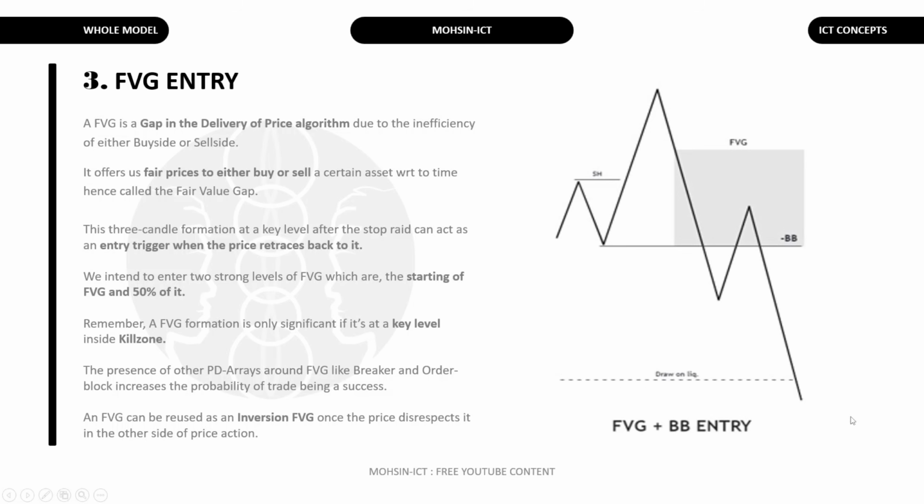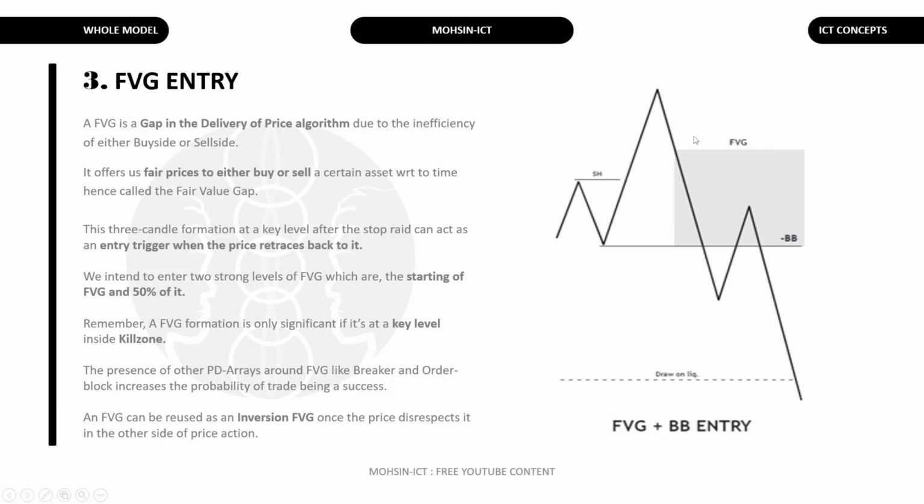And now if you look at the depiction right here, our very first requirement for the fair value gap that will act as our entry pattern is that we must do a short-term stop run, which took some buy side liquidity in case of a bearish fair value gap and sell side liquidity in case of a bullish fair value gap. Here, this is the example of a bearish fair value gap to go short.